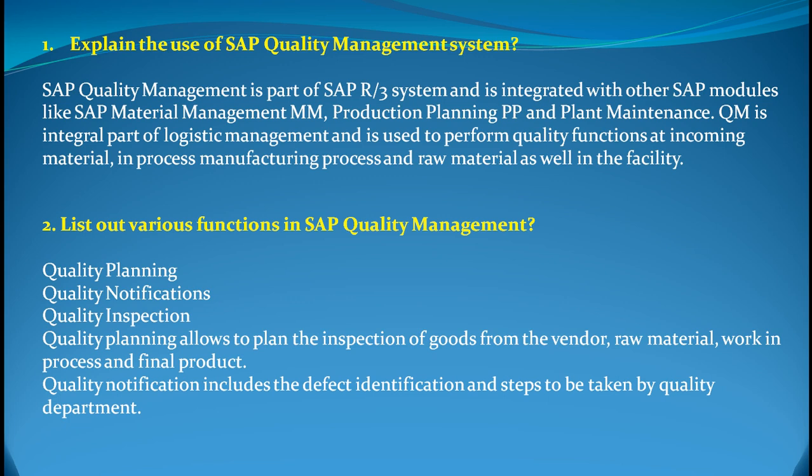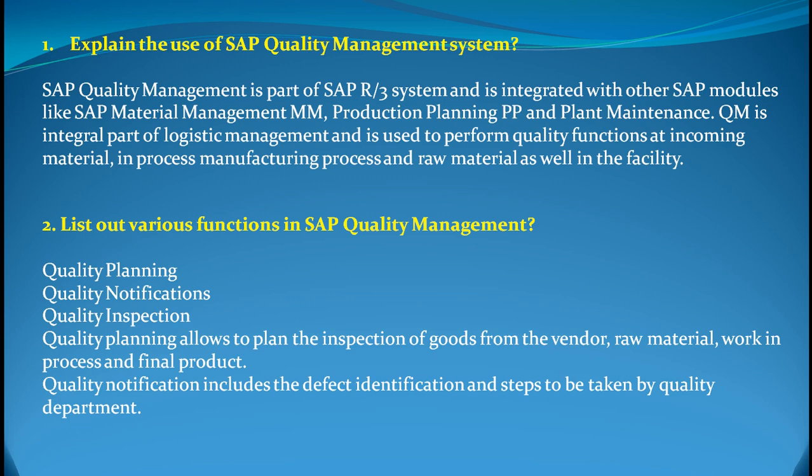So, what are the various functions in SAP quality management? They are quality planning, quality notifications, and quality inspection. Quality planning allows you to plan the inspection of goods from the vendor, the raw materials, what is the work in process, what is the stage of work, and what is the end product. Apart from this, it also has quality notifications, which include defect identification.